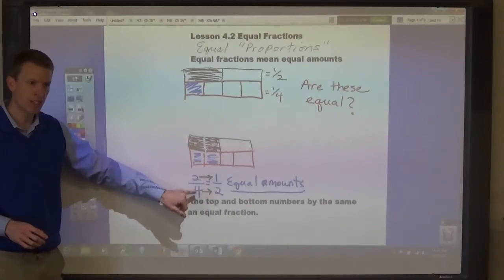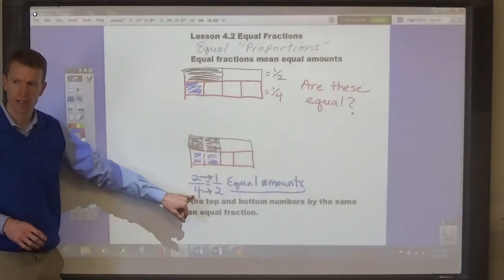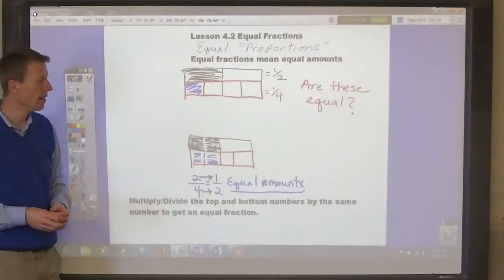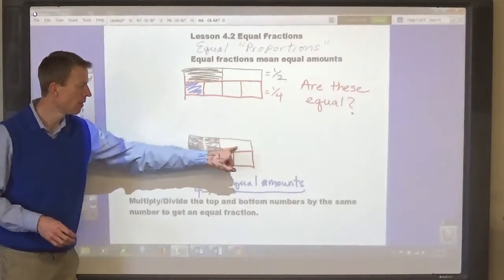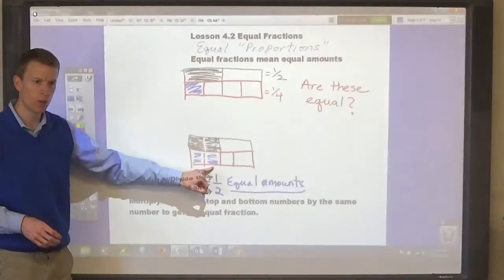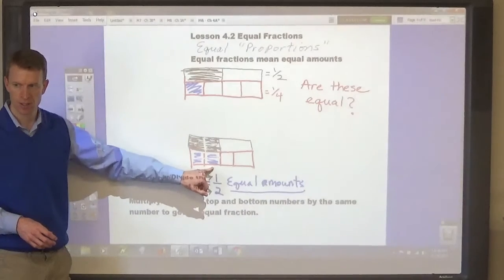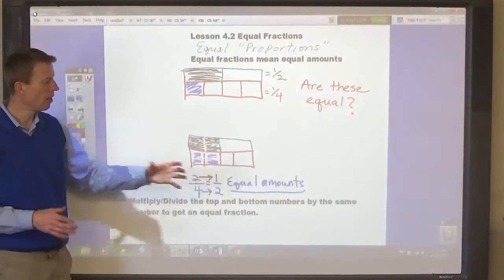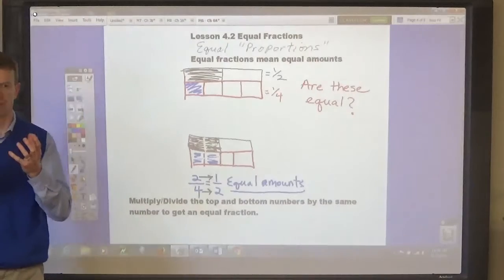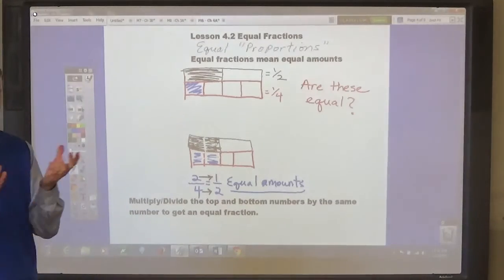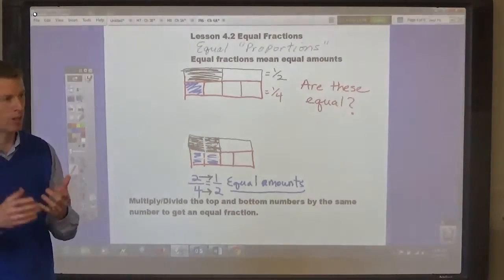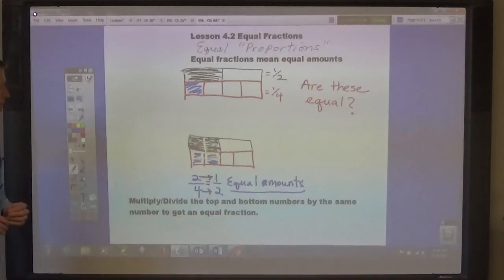It's not the numbers that are equal, it's the amounts that are equal. So 1/2 is equal to 2/4. Okay? We're talking about an equal amount of something, as long as the pieces are the same size, which we talked about last time in understanding fractions.